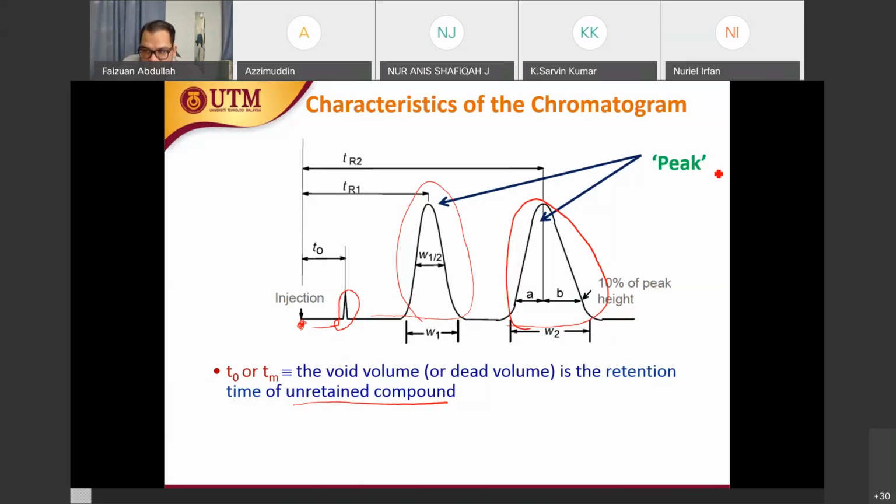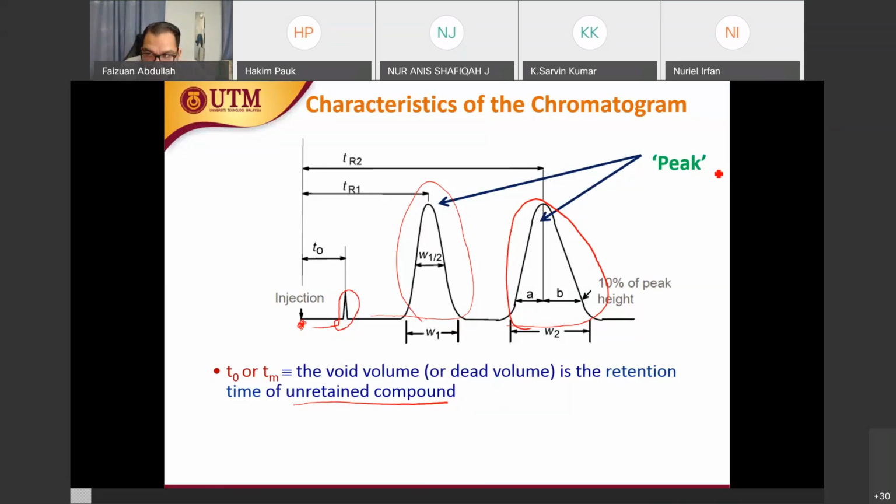Time taken for the solute to pass through the column. What is a solute? Explain that, the time taken for the solid to pass through the column.